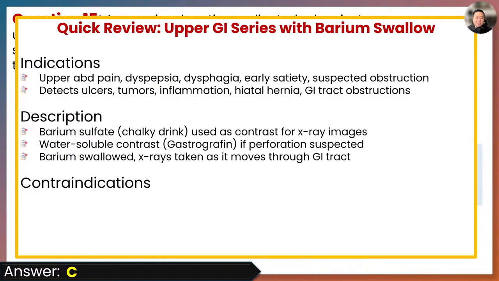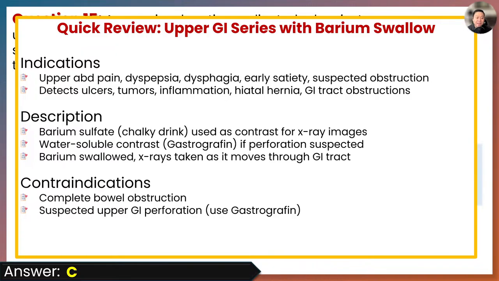Now, take note that this is also a procedure that has contraindications, such as complete bowel obstruction. There's also suspected upper GI perforation, and so the barium is going to be excluded here if there is GI perforation. However, if this is suspected, then the gastrografin is used instead.